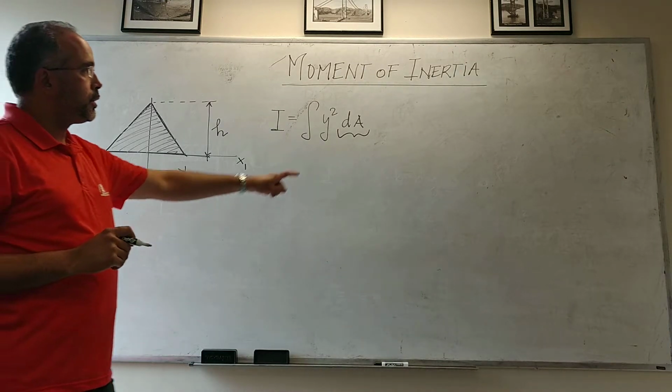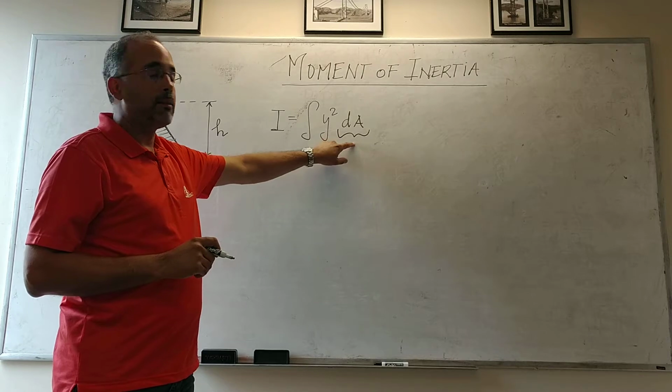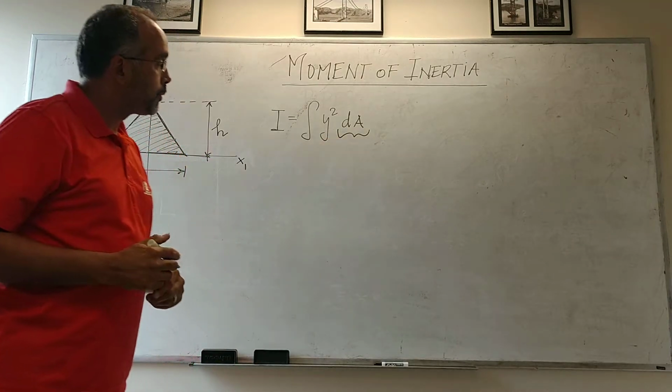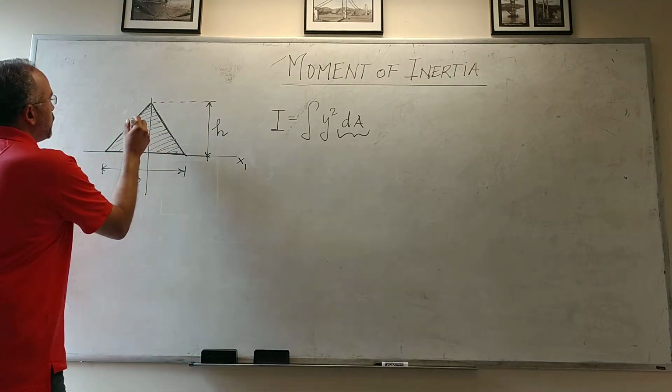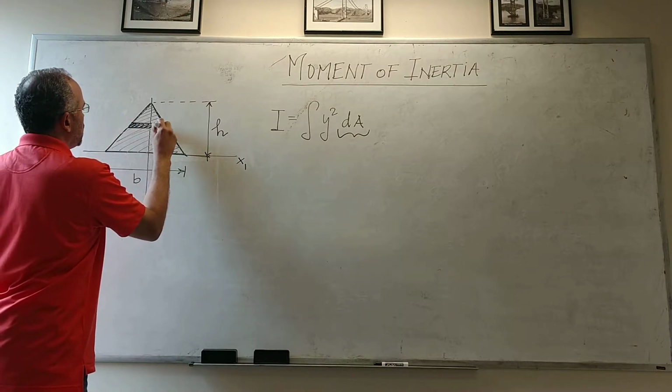The first step is to define the differential area element right here. And in this case, we are going to select that again as a horizontal strip.